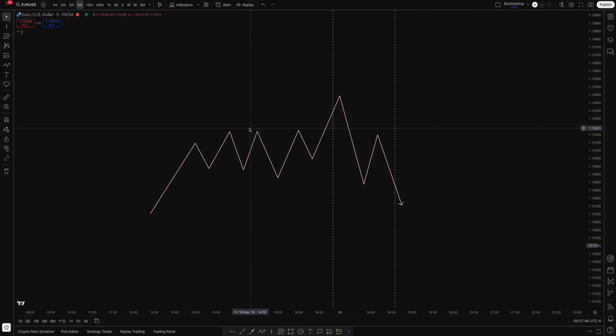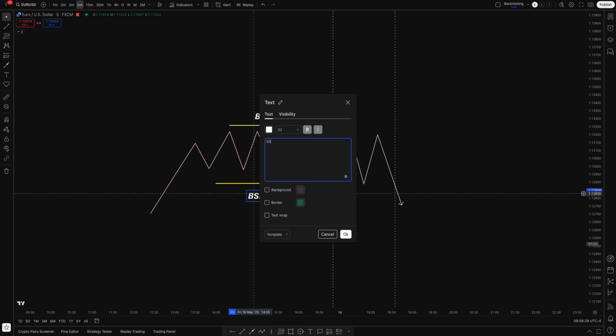So on the higher side, we have buy side liquidity. So I will mark this for you. So here we have buy side liquidity, which are the stop losses and the stop orders that are placed here, which are buy stops, okay? And on the other side of the range, below these lows, we have sell stops, or the sell side liquidity, okay?